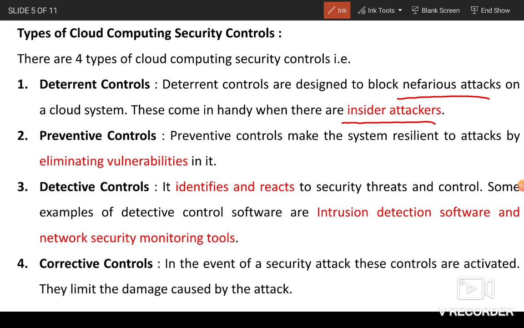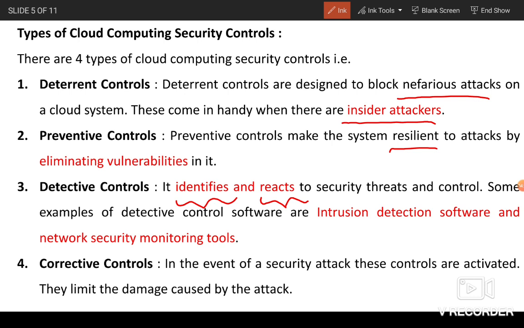It makes the system resilient to attacks by eliminating the vulnerabilities. That is, we are making the system so strong that it can withstand any attack that comes, by eliminating the vulnerabilities. What is detective control? It identifies the threats and reacts to the particular attack. This is known as detective control.